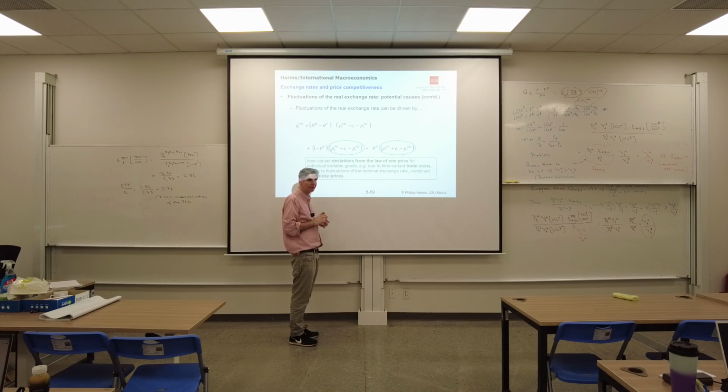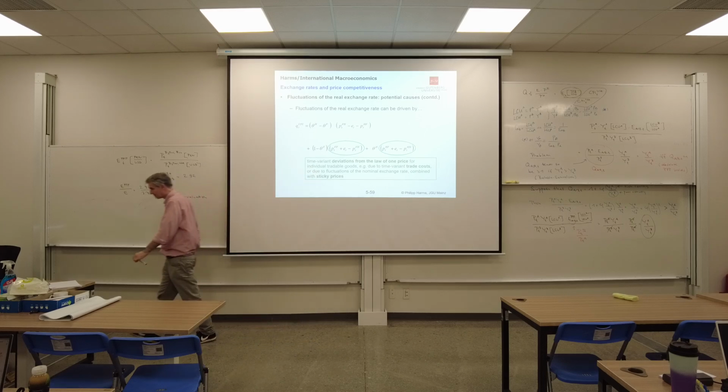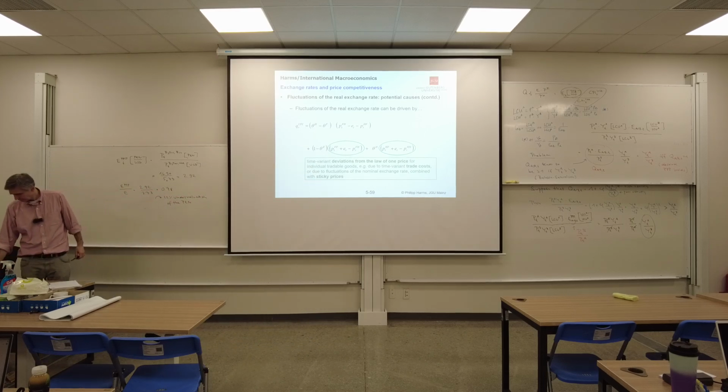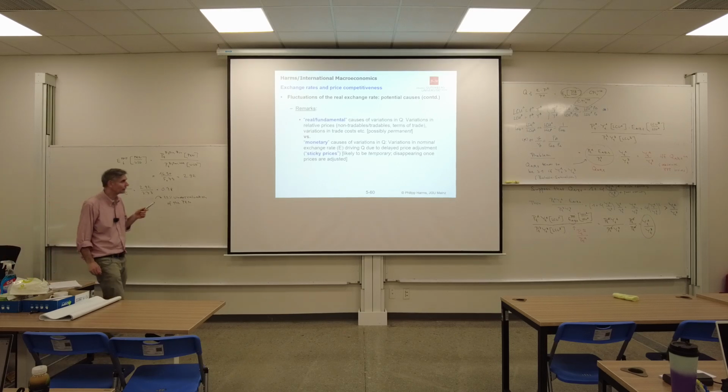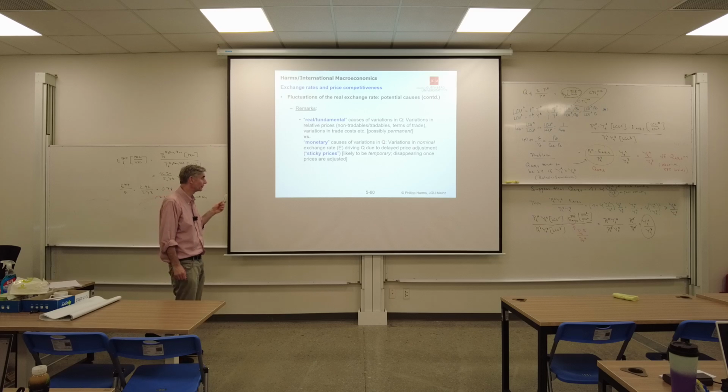That's my point. You may have time-variant trade costs, and you get also time-variant deviations from the LOP, which have nothing to do with monetary policy. So this is the important thing. You have real and fundamental causes of variations in Q. So you have variations in relative prices, non-tradables, tradables, terms of trade.